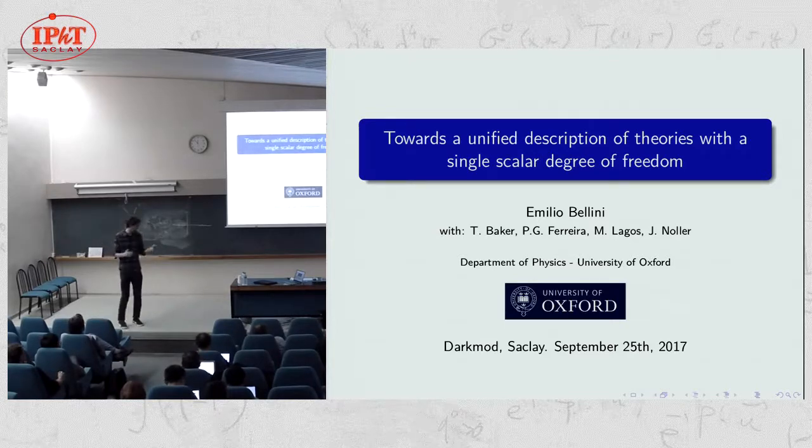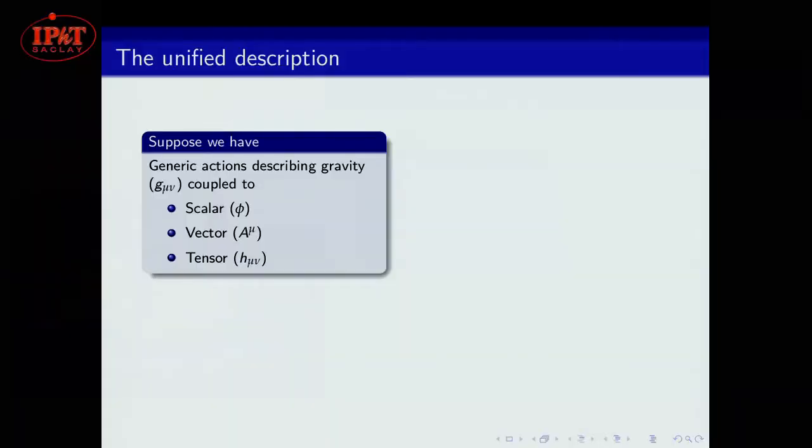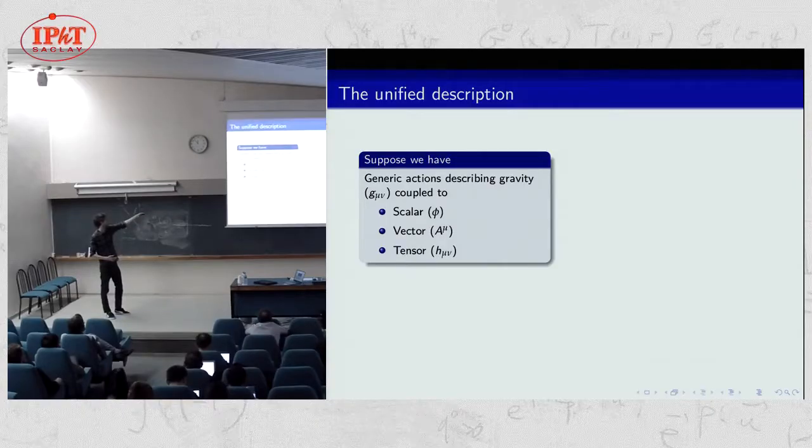But before going on, it's better to have clearer in mind what I mean by effective field theories, plural. Suppose we have generic actions, even fully covariant, describing gravity with a metric g mu nu coupled to either a scalar phi, a vector A mu, or a tensor.